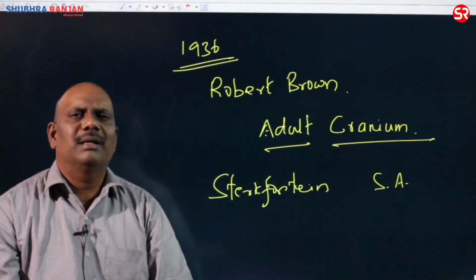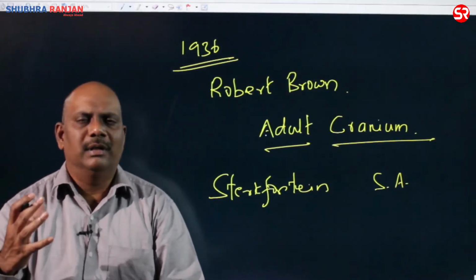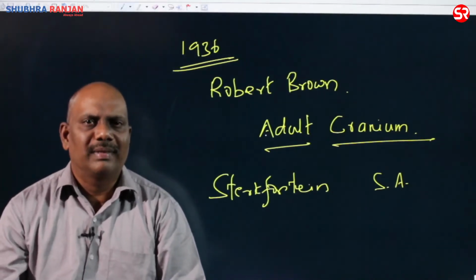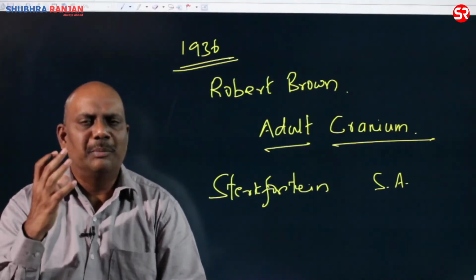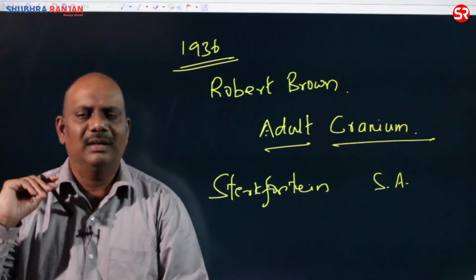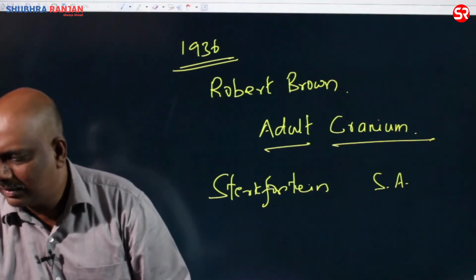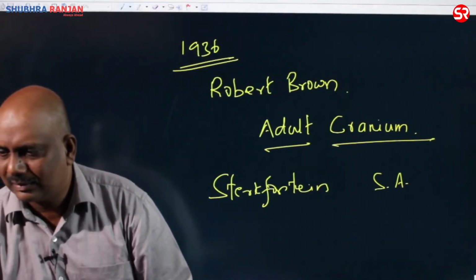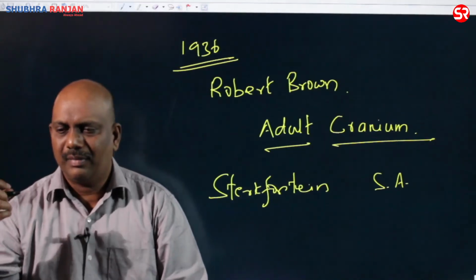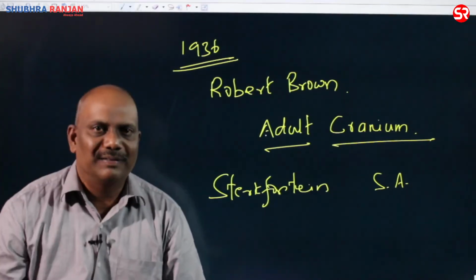So what do you mean by cranium? Cranium refers to a group of bones. There are 8 bones which cover and protect our brain. Where do we have the brain? Here. We all know that we have our brain here, correct?